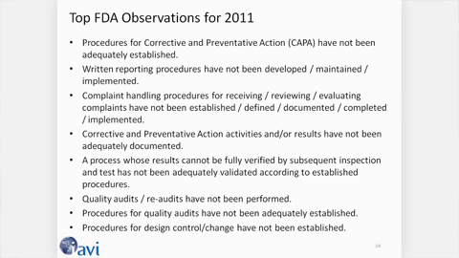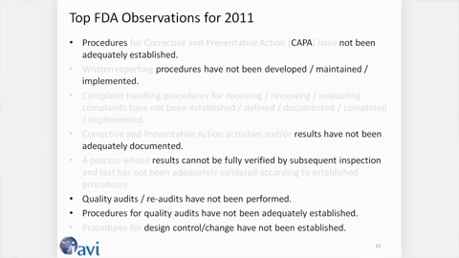The top 10 inspection observations are things like CAPA, not having CAPA adequately established, not having procedures developed, not having results adequately documented, not verifying results, not performing quality audits, not establishing quality procedures, not having design control. None of this is rocket science. Any second-year quality associate knows all of these things.